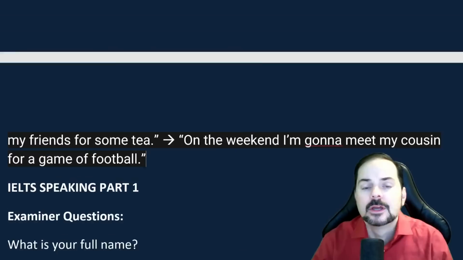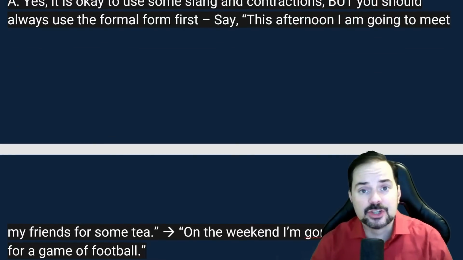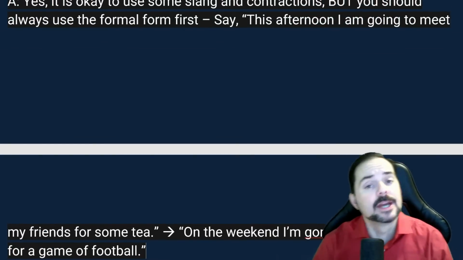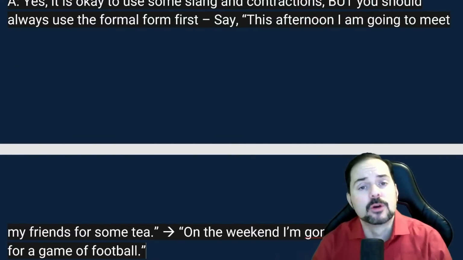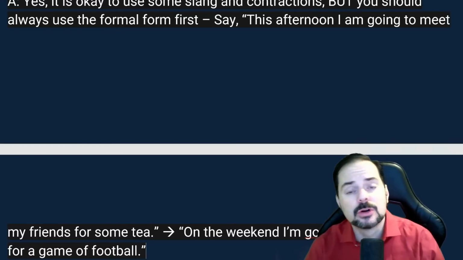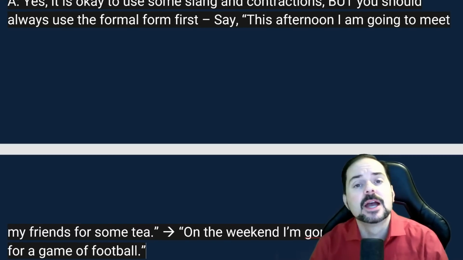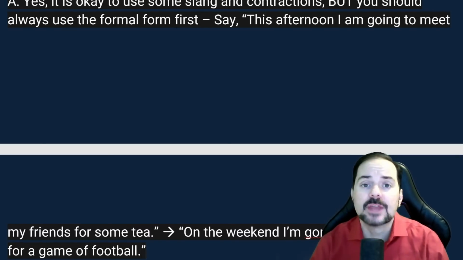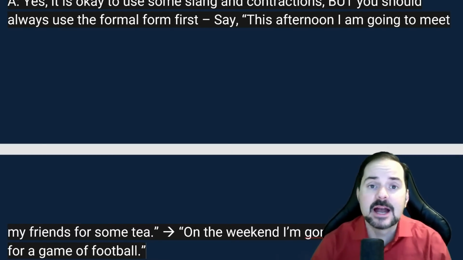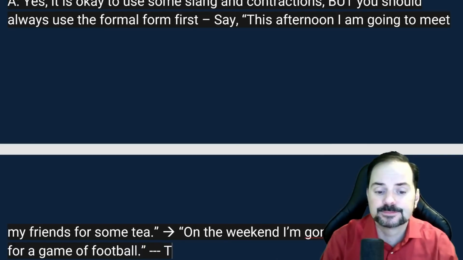Okay? So that shows range, right? The examiner goes, oh, okay. This person can speak formally when needed, and they can also show informal, colloquial, natural language when needed as well. So they have the ability for both, and that way your band score goes up.